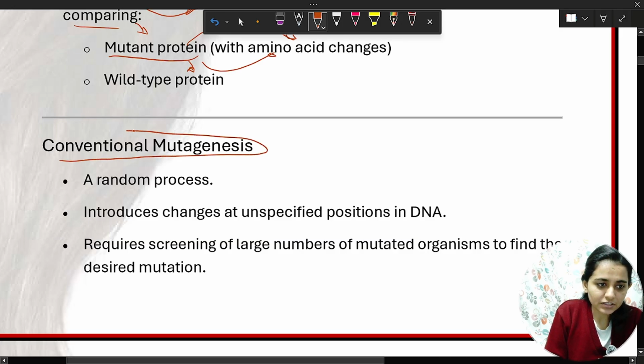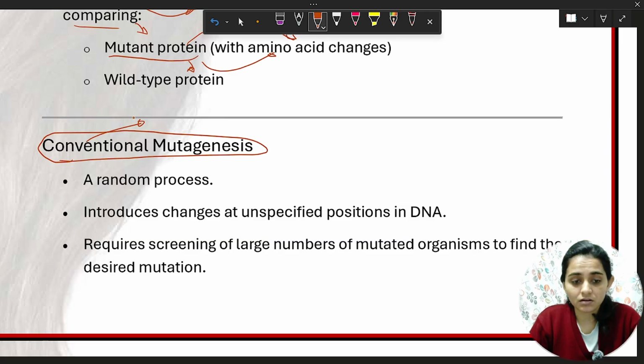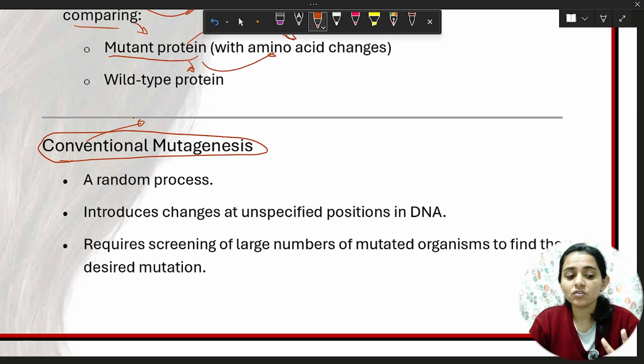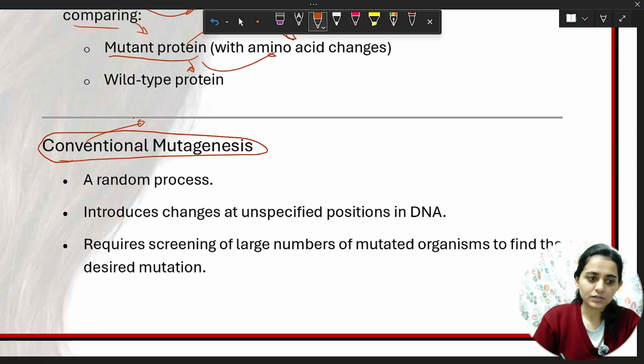Conventional mutagenesis means the traditional method. What is the classical method, or at the starting of this technique, what type of method was used to do mutation in molecular biology?